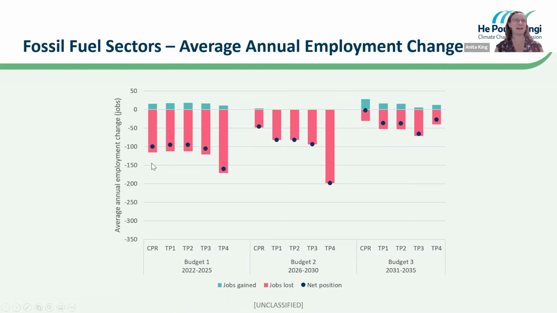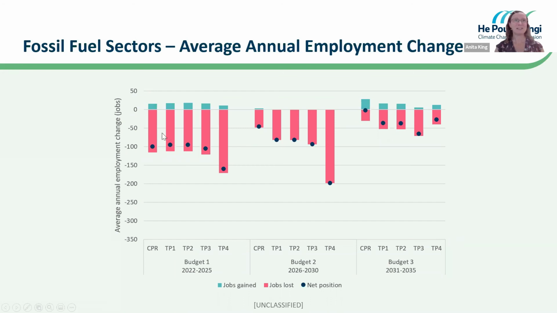Now, this very first bar here, this is our current policy reference scenario. This is what happens when we're not specifically trying to meet our targets and we don't meet our greenhouse gas emission targets. And our fossil fuel sectors actually decline, even in the first budget period, and lose jobs quite a bit.